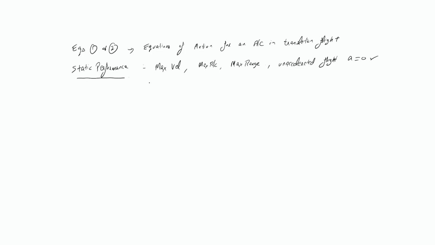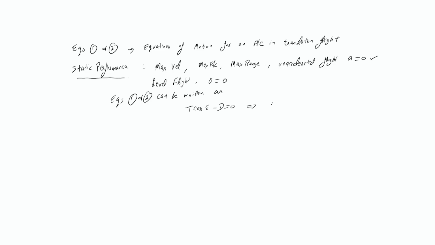Also we'll be considering level flight. Here we have gamma equals 0. So we have considered a few assumptions for static performance: acceleration is 0, and in level flight gamma equals 0. So now equations 1 and 2 can be written as T cos epsilon minus D equals 0.